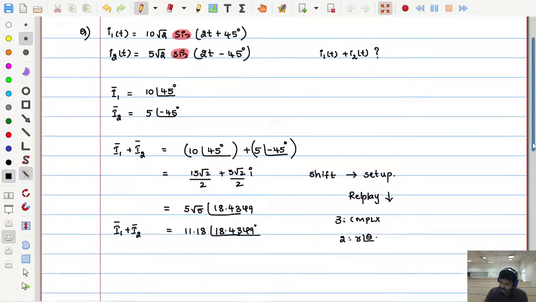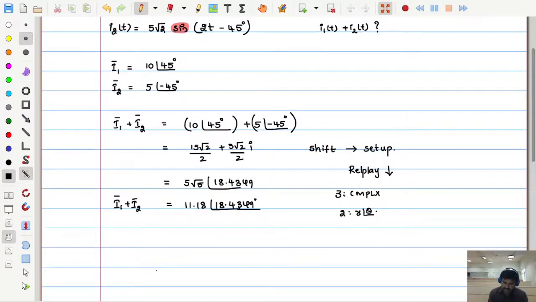But I need to convert this result back into normal form, like a time function. So, very important, I1 of t plus I2 of t in time function is just the reverse conversion. Here we did time to phasor, now phasor to time.